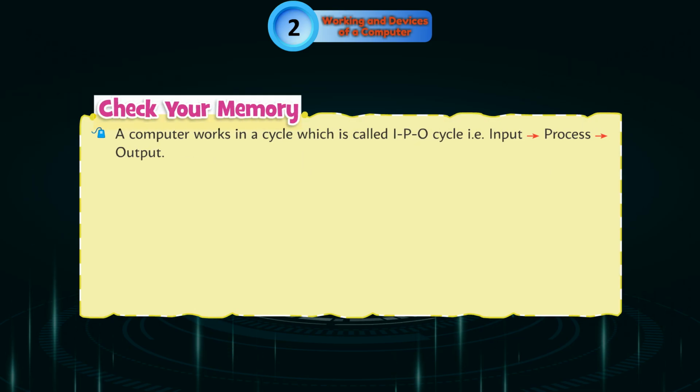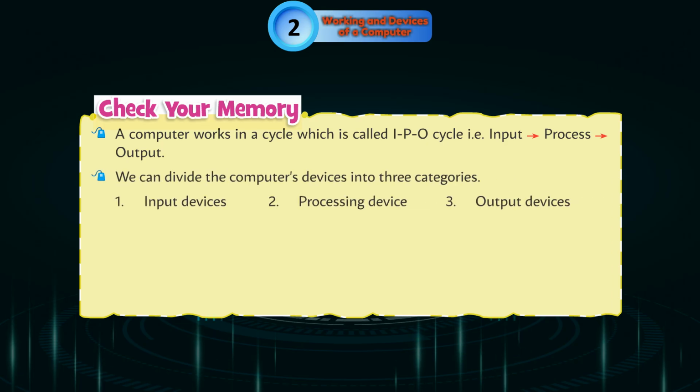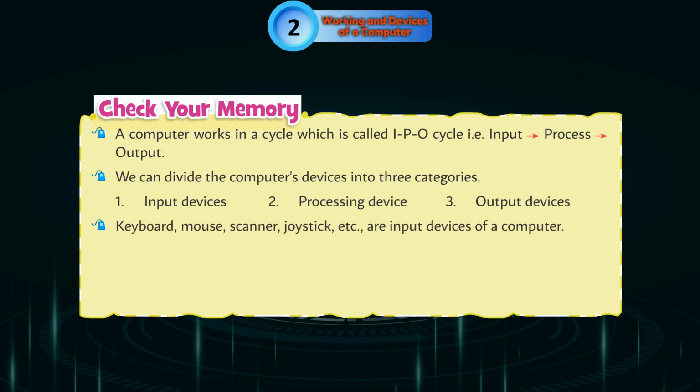Check your memory. A computer works in a cycle which is called IPO cycle, that is input process output. We can divide the computer's devices into three categories. 1. Input devices. 2. Processing device. 3. Output devices.